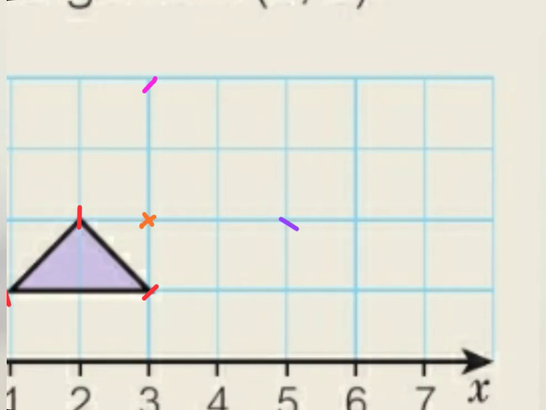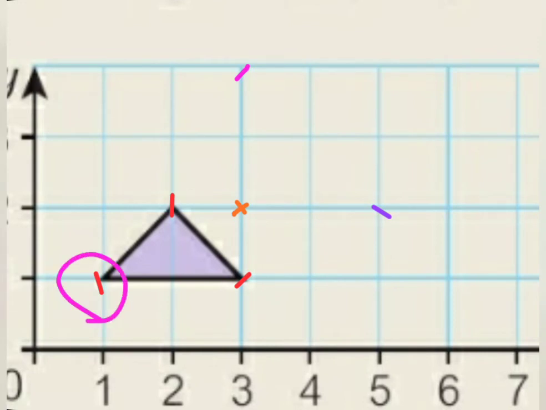Now, the last point, which is this one, same idea. I count the distance between the point and the center of enlargement. I will find 2 boxes, 1, 2. So 2 times 2 is 4. And the height is 1 box, remember that. So each 2 lines inside 1 box.